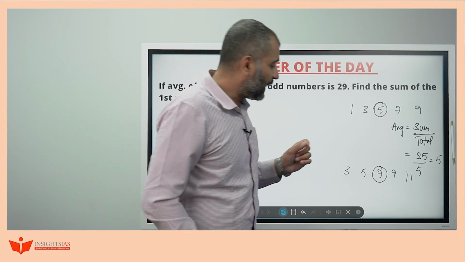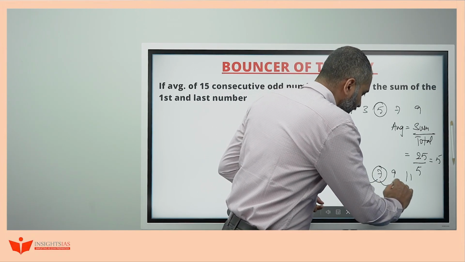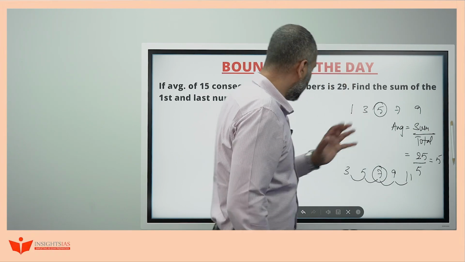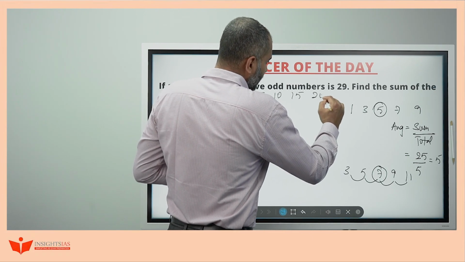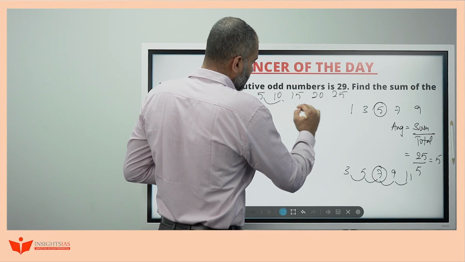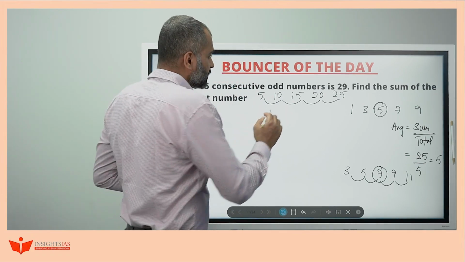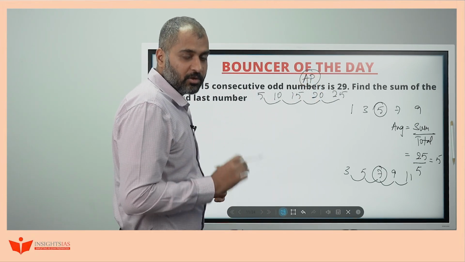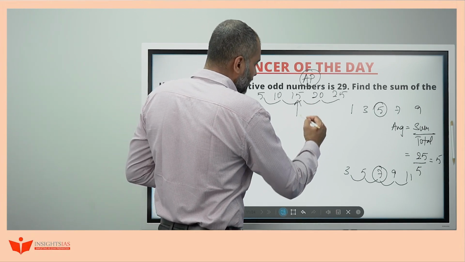Whenever you have consecutive numbers where the difference between each successive number is the same, for example, 5, 10, 15, 20, 25, see here also the difference between each successive number is the same. These kinds of numbers are called arithmetic progression, AP.